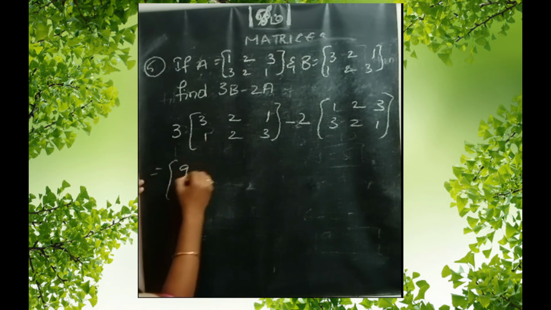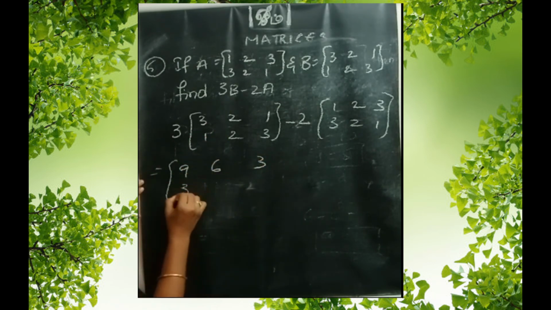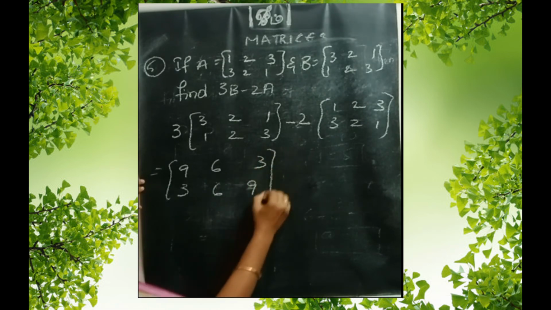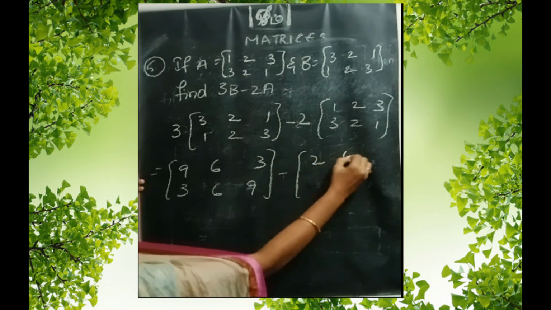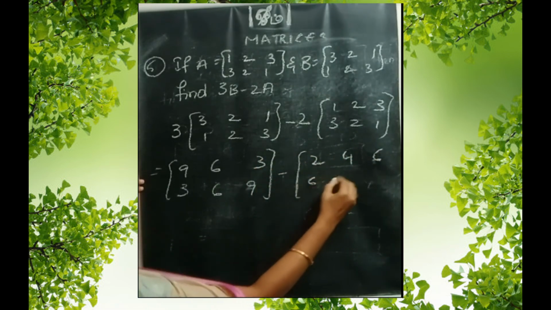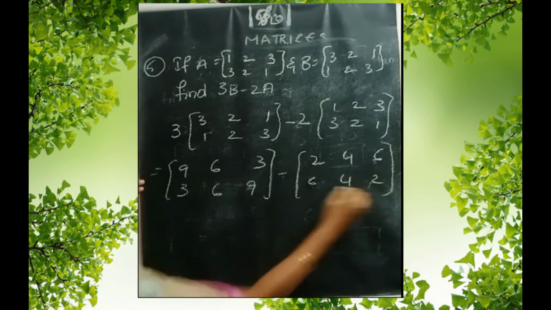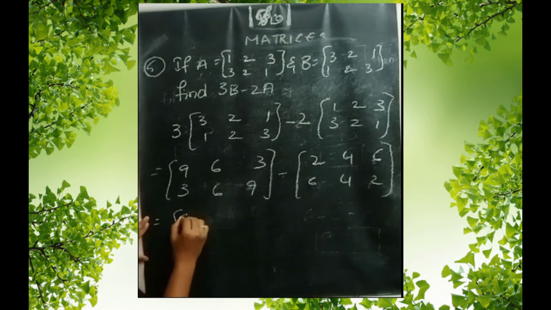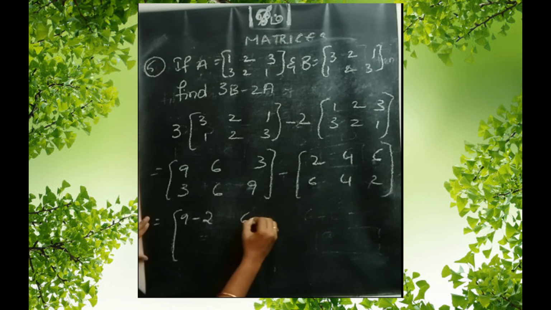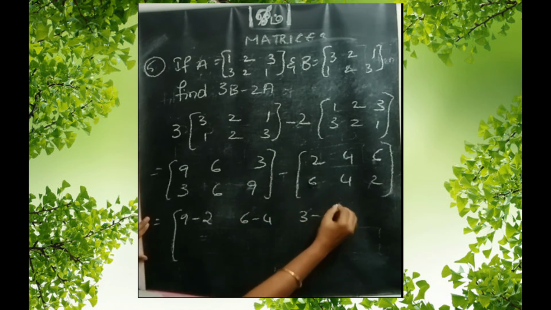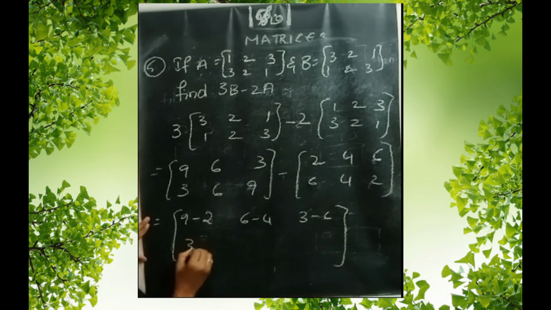So 3 3s are 9, 6, 3, 3, 6, 9 minus 2, 4, 6, 6, 4, 2. Now subtract: 9 minus 2, 6 minus 4, 3 minus 6, 3 minus 6, 6 minus 4, 9 minus 2.